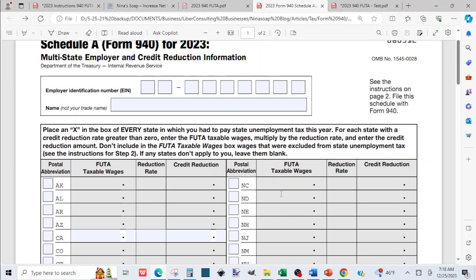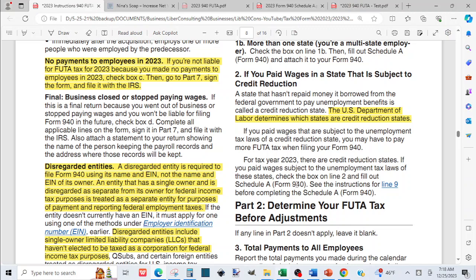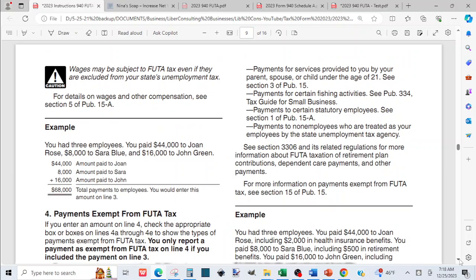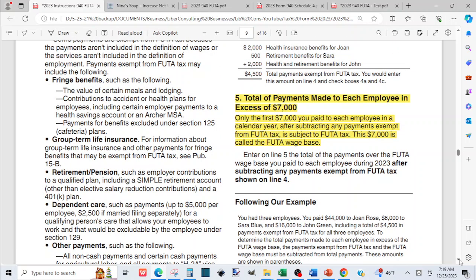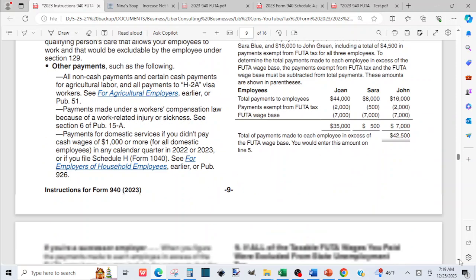You cannot enter data there unless you are filing Schedule A for multiple states employer purposes. There are three states that for 2023 are considered credit reduction states. And again, you pay FUTA tax only on the first 7,000 on each employee.